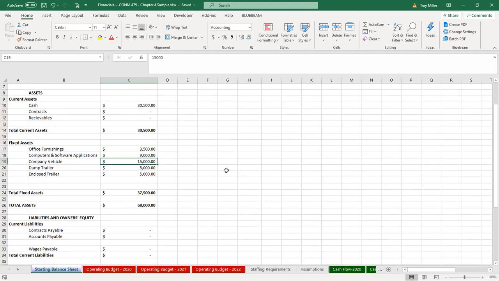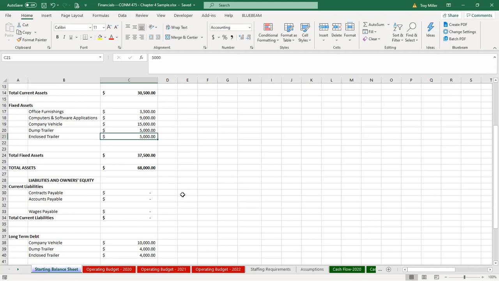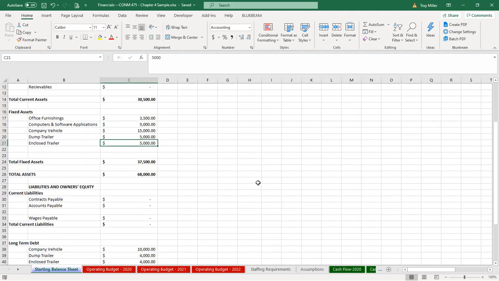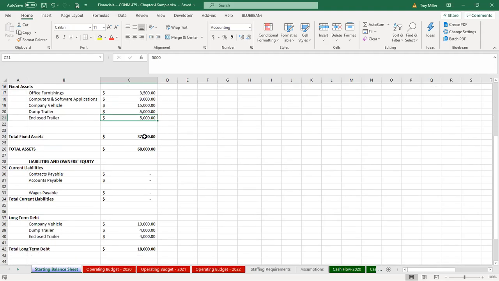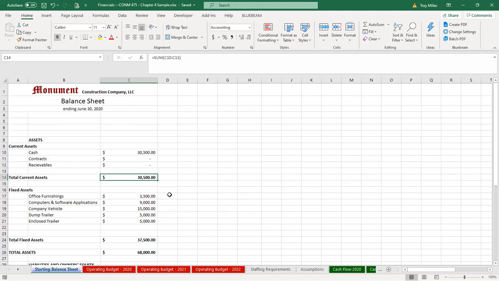I put a down payment of about $5,000 on a company vehicle, and a down payment of $1,000 each for the dump trailer and enclosed trailer. So I was leveraging some of that money. After I spent the cash and leveraged some of it for those fixed assets, I ended up with $30,500 left in cash.